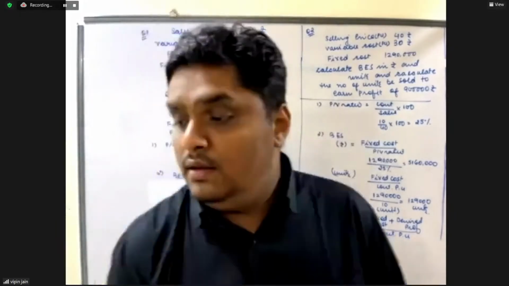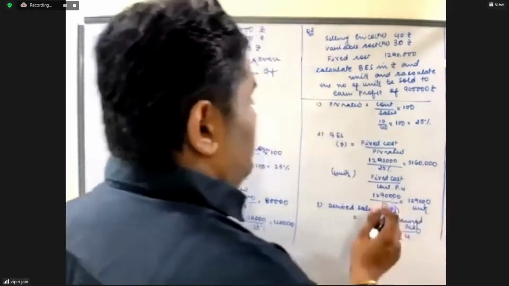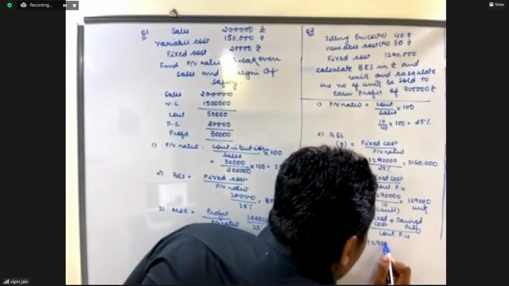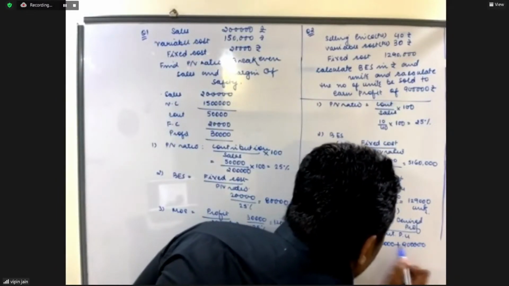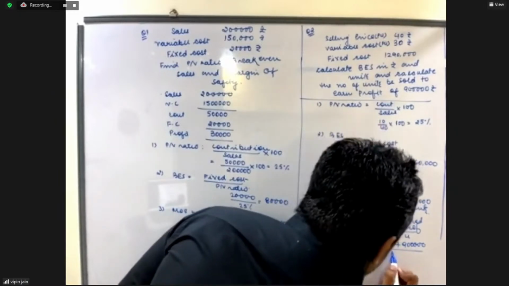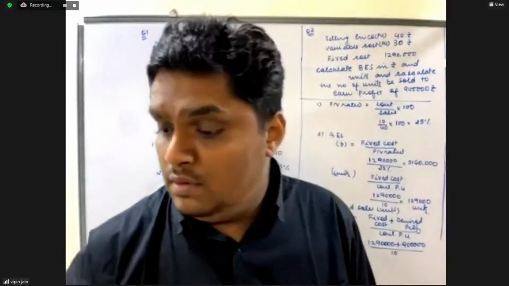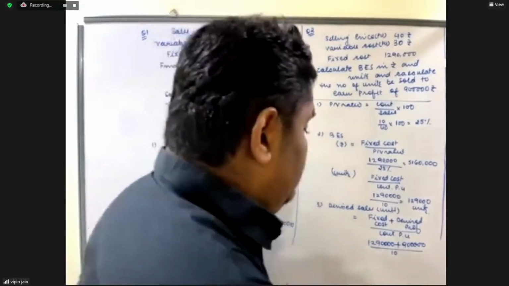So herein, my fixed cost is 12,90,000. Desired profit is 9 lakh, divided by contribution per unit, which is 10. So this will be 2,19,000.